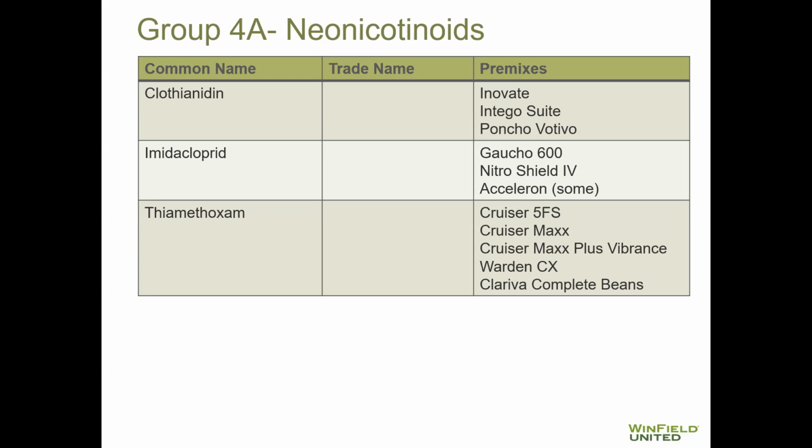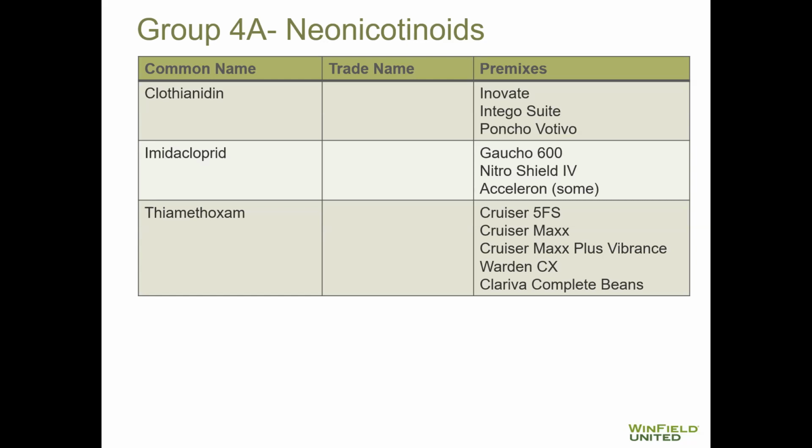First of all, they have a long residual, and most importantly, they move in the plant. Because they move in the plant, they are a very effective seed treatment. There are three main active ingredients that we deal with: clothianidin, imidacloprid, and thiamethoxam, and all of them are very effective insecticides.